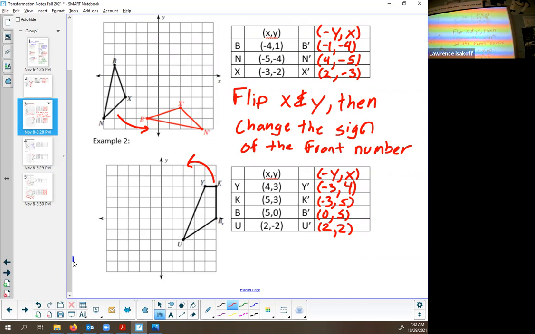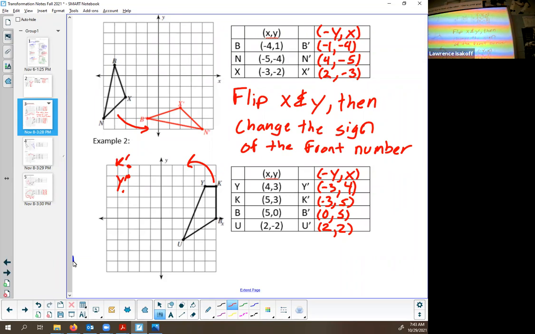Okay. So now let's plot these points and see if it really does look like we took this and spun it 90 degrees. So -3, 4 will be up here. -3, 5 is up here. That is Y prime, K prime.